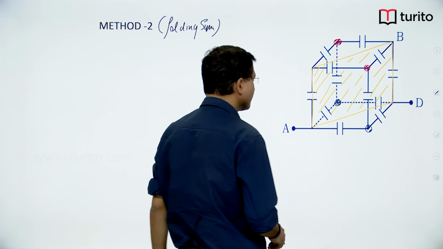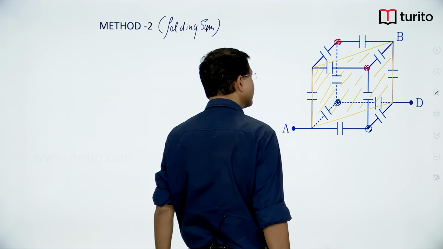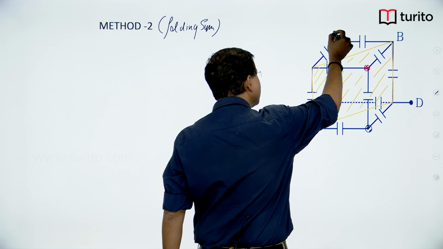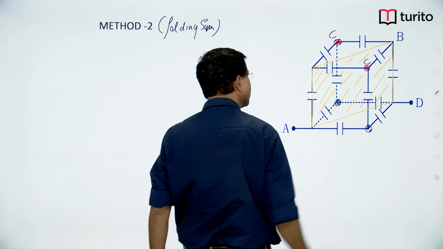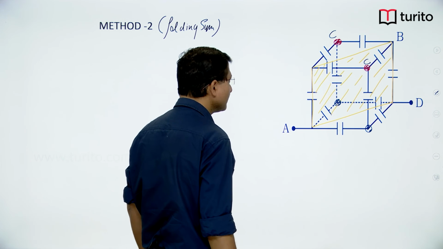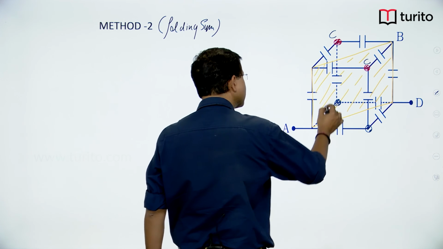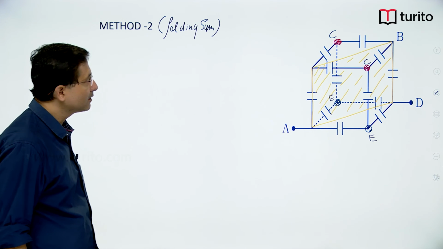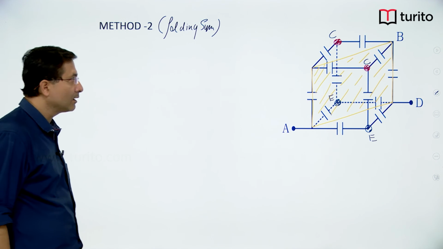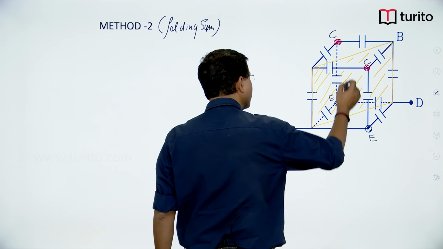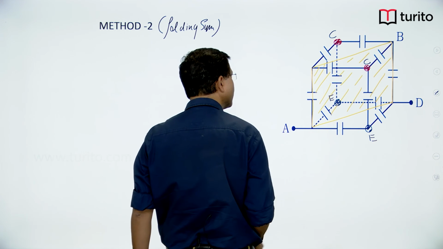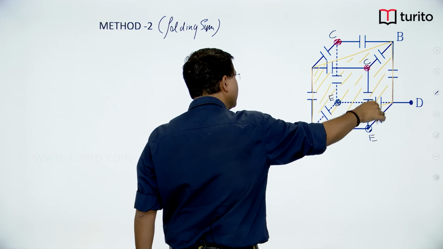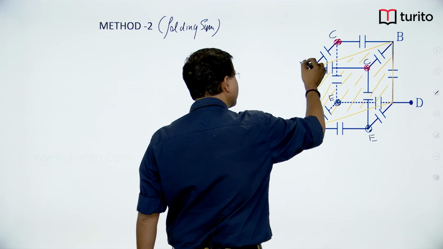So, across AD I want to find out, if I call this C, then this will be C, and if I call this one E, this will be E. I am getting one extra terminal: A, B, C, D, E, let us call it F.